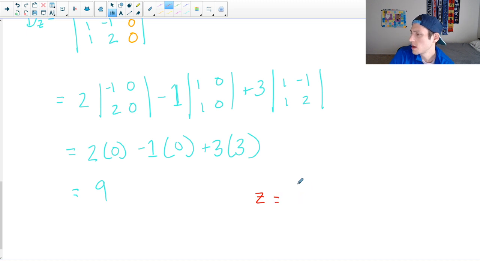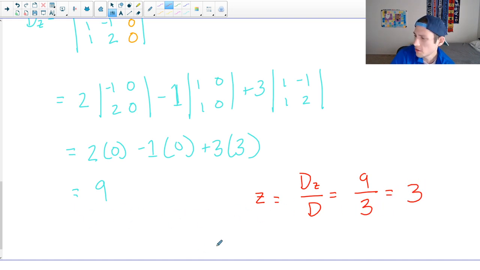Okay, so the z value should be dz divided by d. So that's positive 9 divided by capital D, the original determinant, which is 3. So 9 divided by 3 is 3.